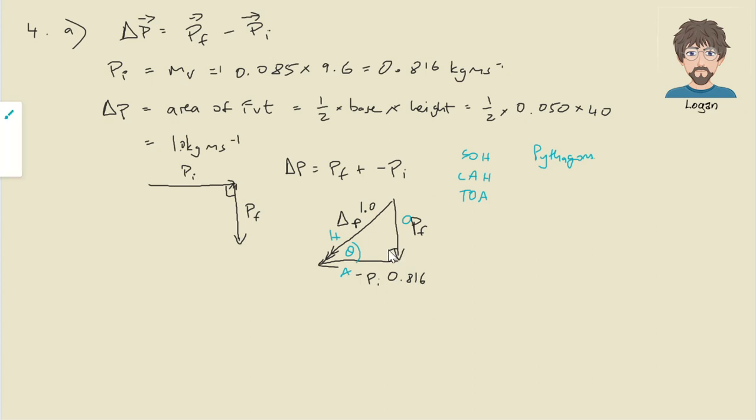To find the angle, we've got these two given so far, so we'll use the hypotenuse and the adjacent, that's this one, CAH. So cosine of theta equals the adjacent over the hypotenuse, 0.816 over 1.0. Theta equals cosine inverse of that.